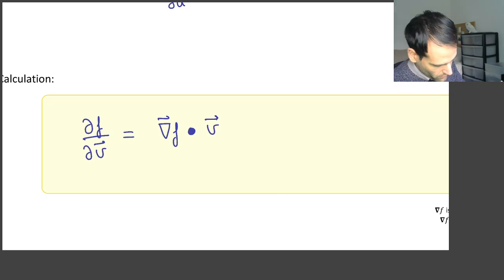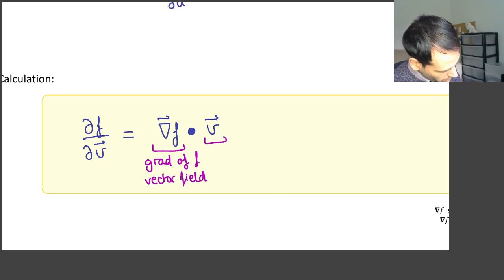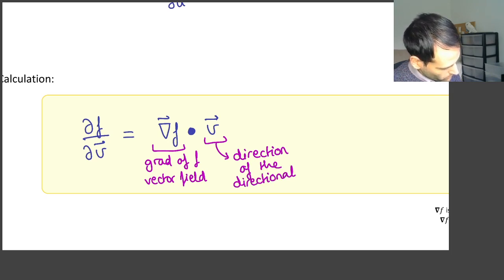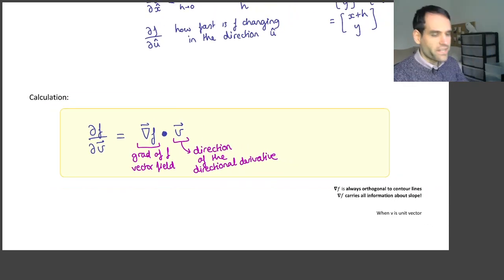Beautiful. This is the gradient of f, which is a vector field, and this is the direction of the directional derivative. So that's really neat.